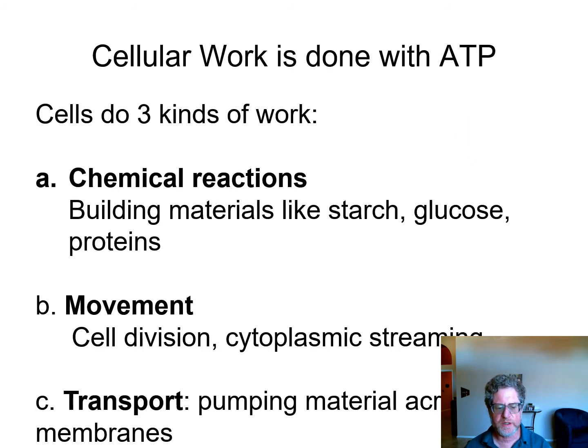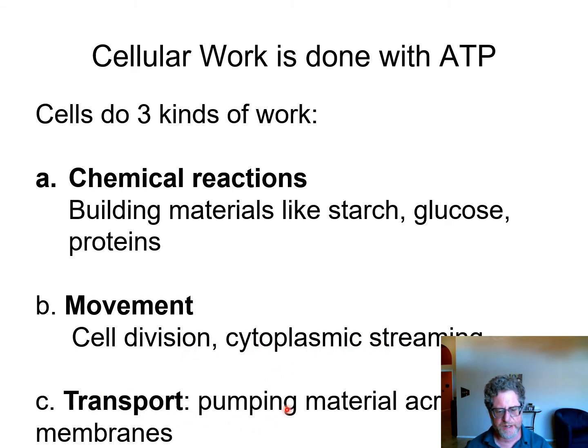So what kind of work do cells do? Chemical reactions, building things, building starch, glucose, proteins. Movement, so in plants, cell division. In plants, something called cytoplasmic streaming, where the chloroplast will circulate in a cell doing photosynthesis. In our cells, moving our body. All those kinds of movements use ATP.